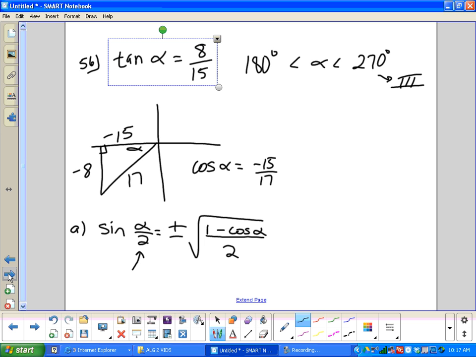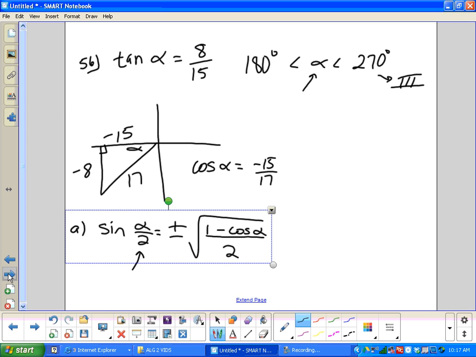Now, this is why we went through that whole spiel just a few minutes ago about where the half angle is. So, look up here, if alpha is in quadrant 3, then alpha over 2 will be in quadrant 2. Now, in quadrant 2, is sine positive or negative? Positive.